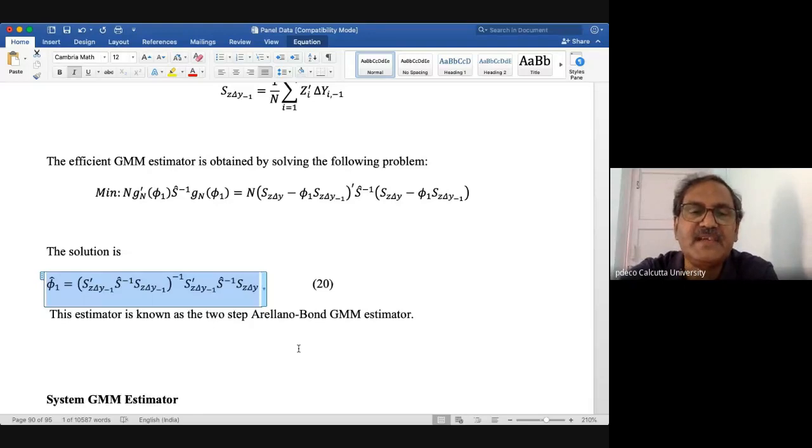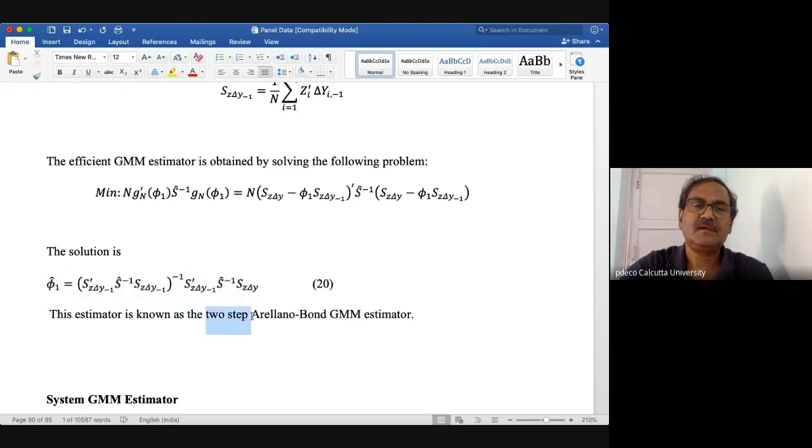And this estimation is known as the two-step Arellano-Bond GMM estimator. Why two-step?